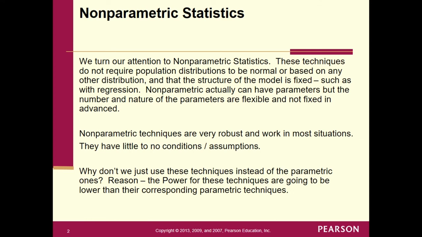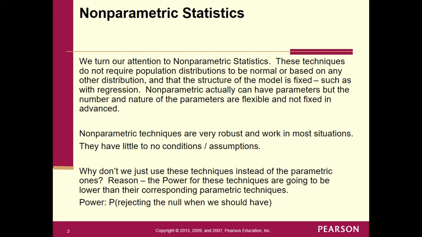So you might be asking yourself, well, why don't we just use these techniques instead of the parametric ones? And there's a very sound reason why. The reason why is that the power for these techniques is going to be lower than their corresponding parametric techniques. Remember, we talked about power. Power is the probability of rejecting the null when we should have, or if you will, accepting the alternative when we should have.